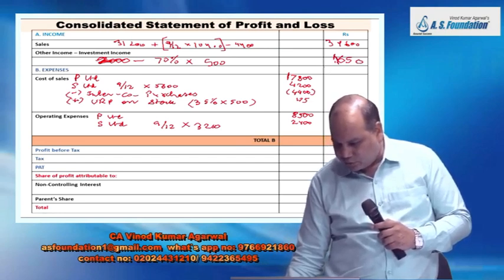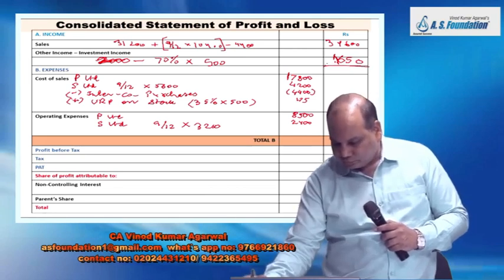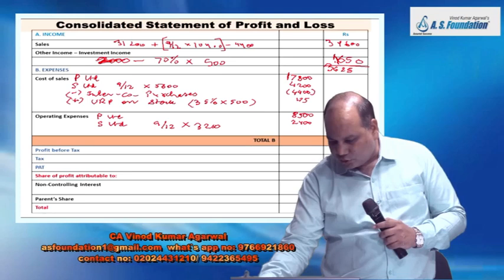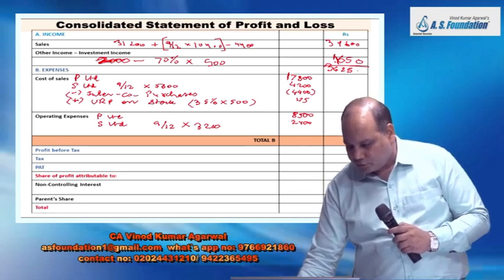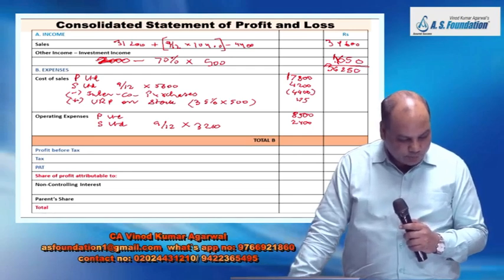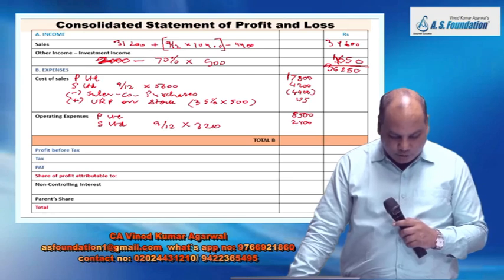So what is my total income here? Can you give me the total income figure? 36250. Okay, so that is investment income.